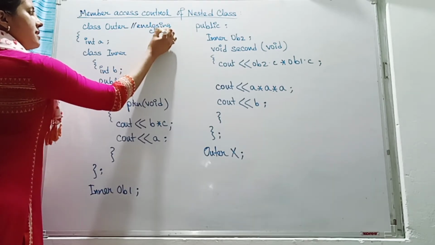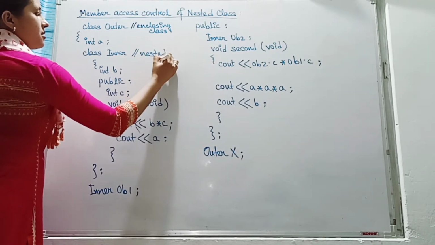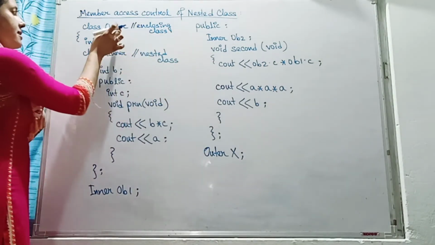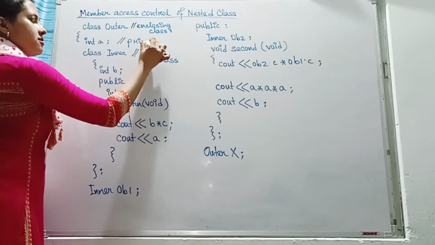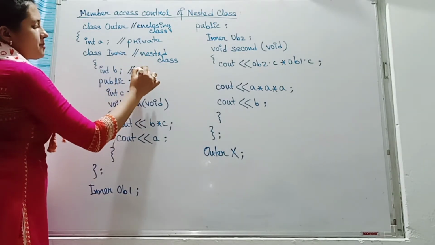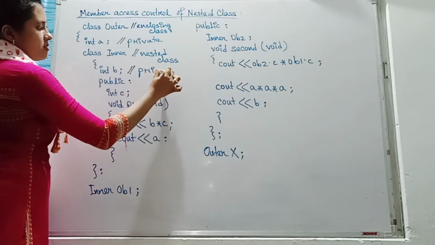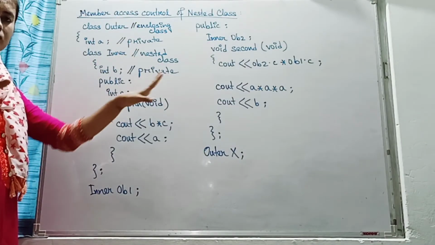This inner is the nested class. Now under this outer, this A is private, and under the inner, this B is private. Clear? So you can mention this for your convenience.